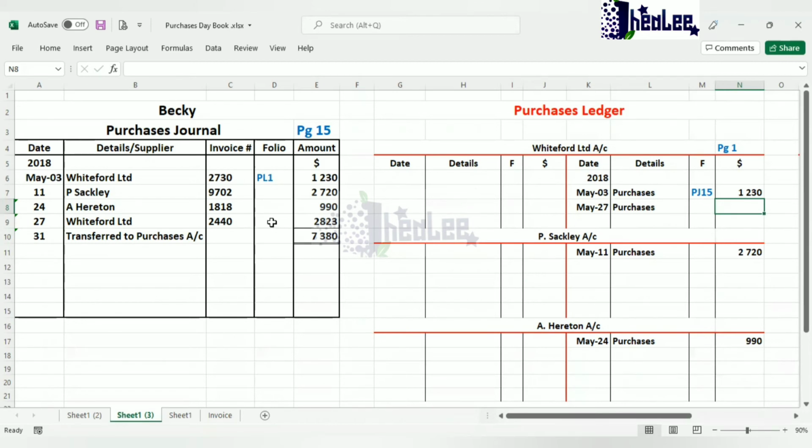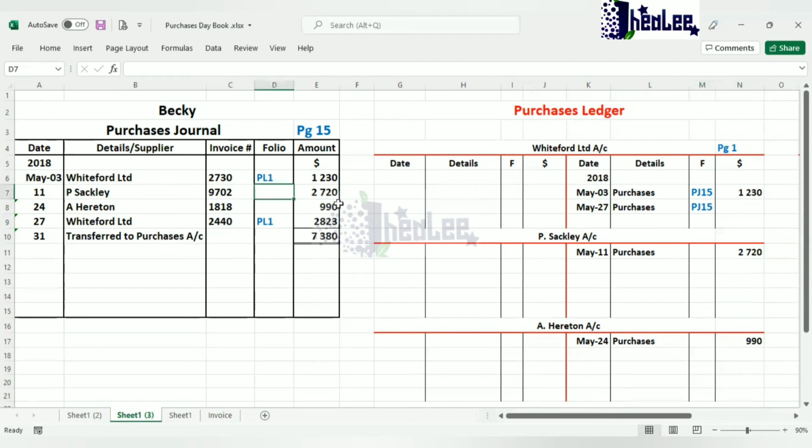Now, there's another entry for Whiteford Limited in the purchases journal. It's going to carry that same folio, PL, page 1, and in Whiteford Limited's account the folio is PJ15 because it is coming from that very same source. If we look at P. Sackley, what is the folio?